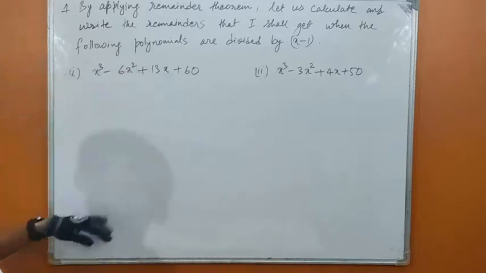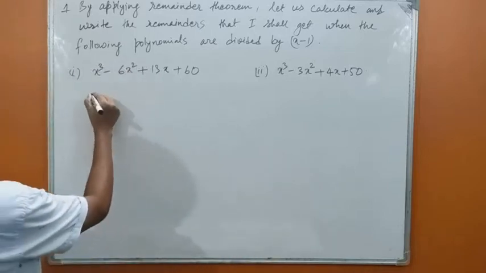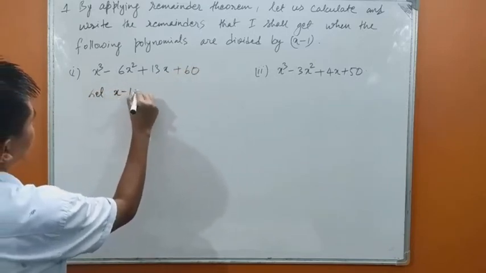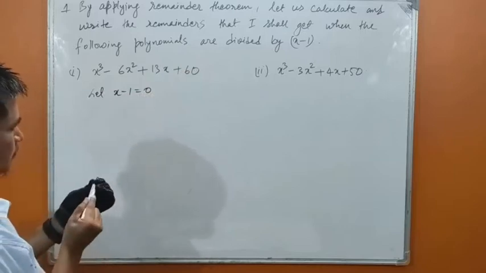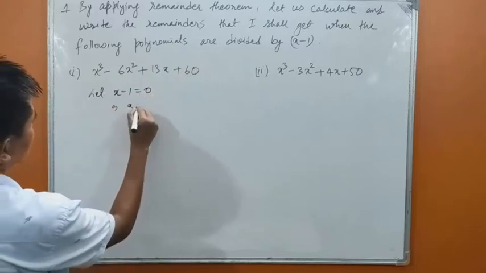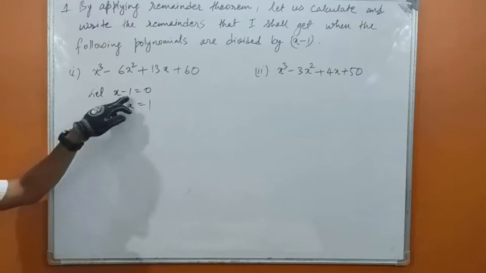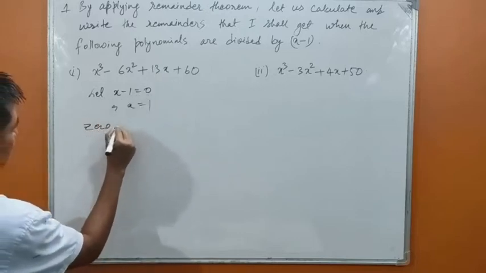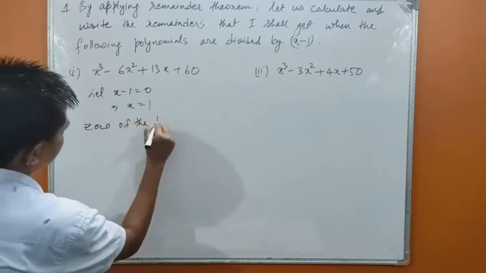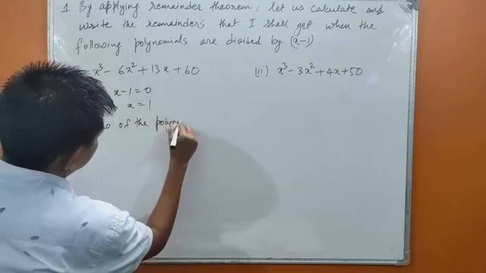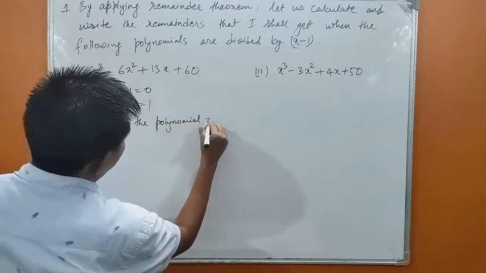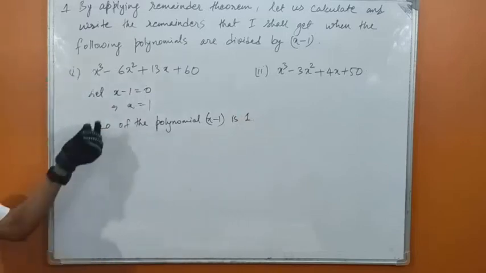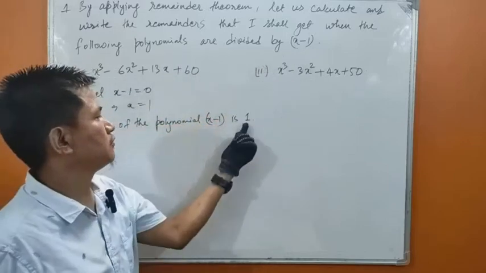Okay, I hope you got this. Let x minus 1 equals 0, or x equals 1. X minus 1 equals 0, x equals 1. Means 0 of the polynomial x minus 1 is 1.